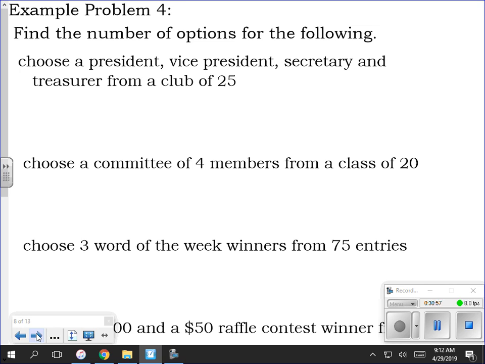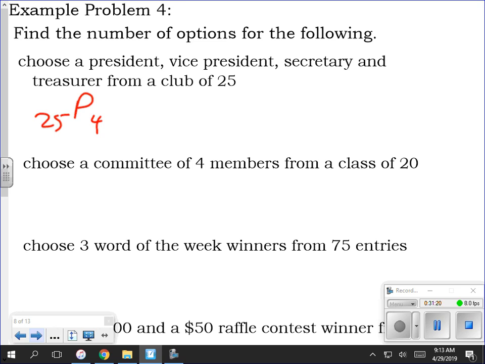Treasurer, secretary, each one of those has different duties, different things going on. It does matter. Maybe you're willing to be the treasurer, but you don't want to be the guy in charge. You don't want to be the first name out of the box, then order matters. So this one would be a permutation. We have 25 items, and we're picking 4 at a time.